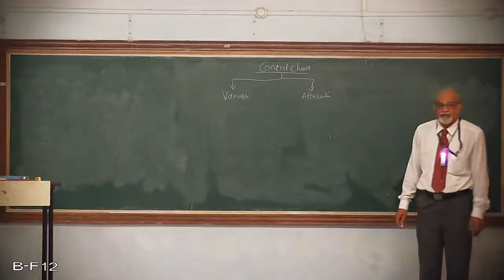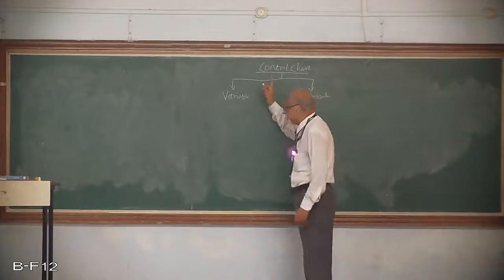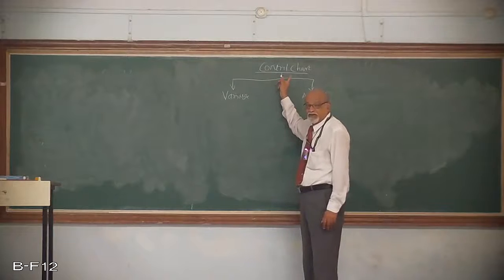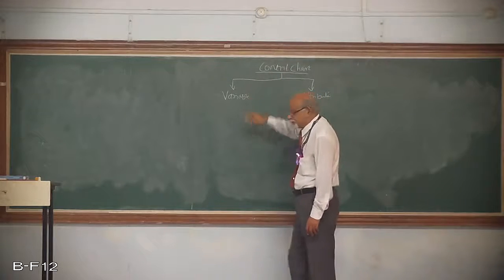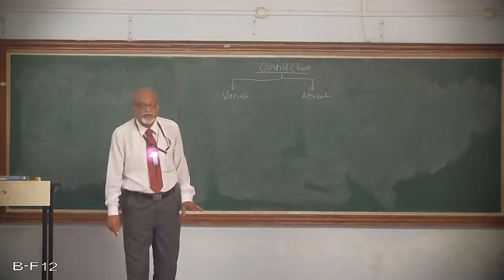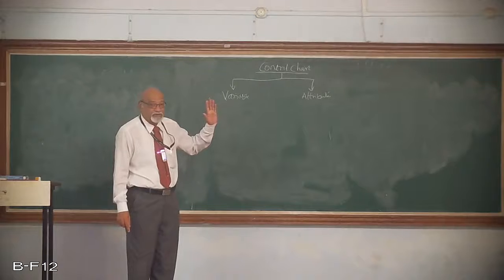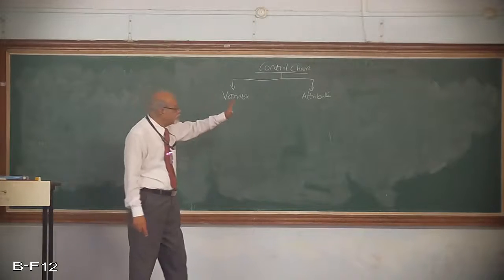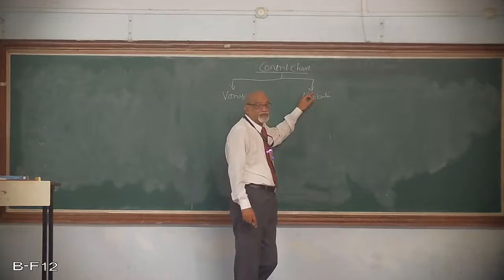So we classify them based on quality characteristics. If the quality characteristic is measurable, we classify it as control charts for variables. If it can only be counted and cannot be measured, if the quality characteristic is attribute type, then we can go for attribute control charts.